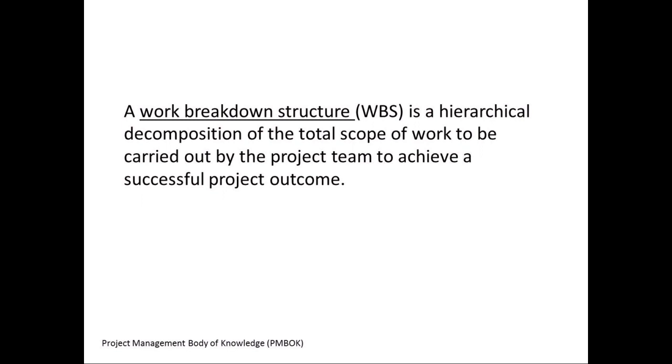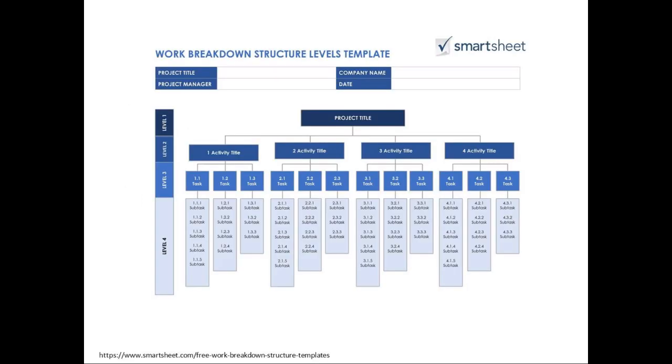A work breakdown structure is a hierarchical decomposition of the total scope of work to be carried out by the project team to achieve a successful project outcome. Here's a generic template and view of a work breakdown structure. The project title is shown at the top. Major activities are shown at level 2, and subtasks for each one of these are shown at level 3.